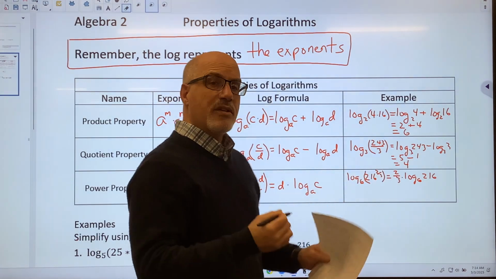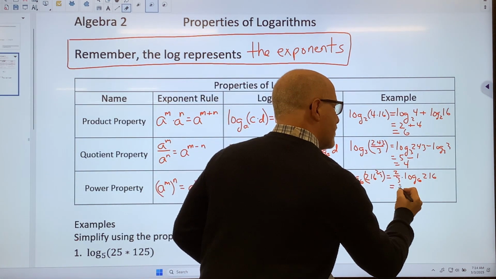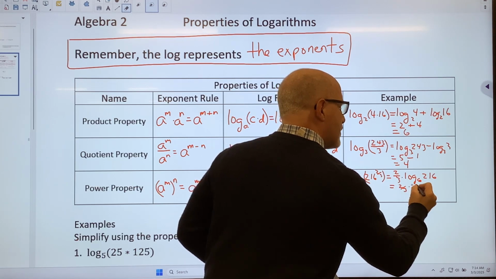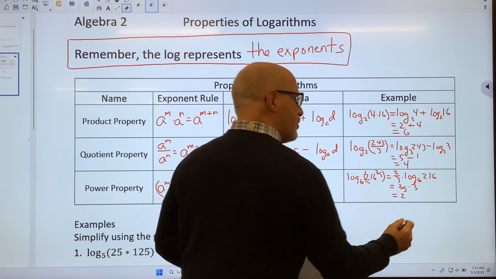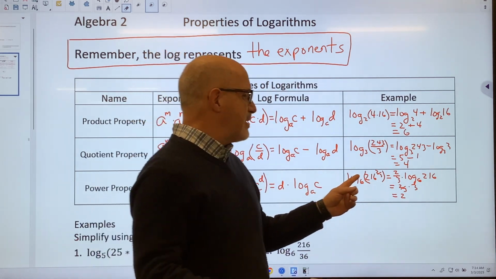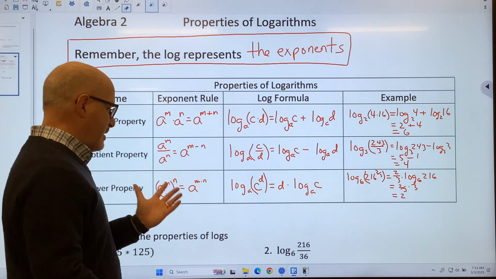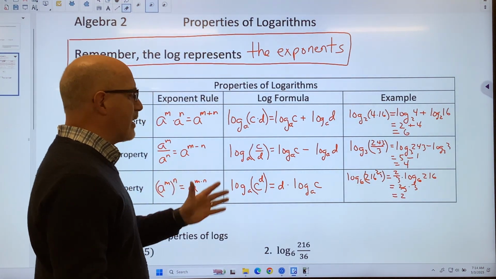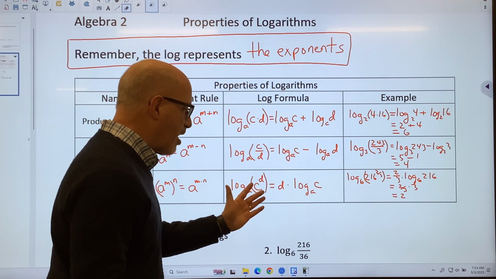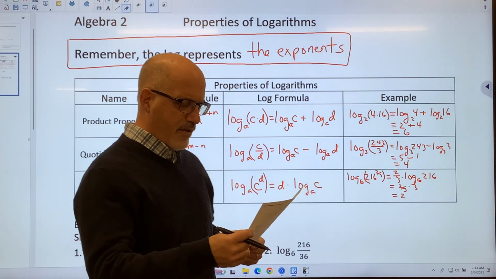You might recall 6 to the 3rd power equals 216. So you have 2/3 times 3, and then 2/3 times 3 just equals 2. So that allows us to take that exponent, bring it down in front, and multiply based on this exponent property. It converts into this log property of multiplication. You can bring that exponent down in front.